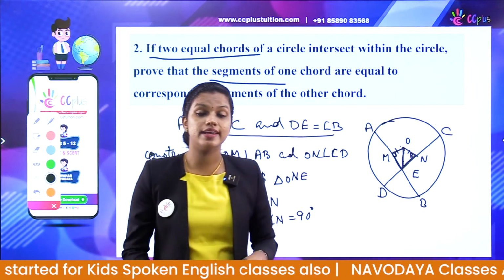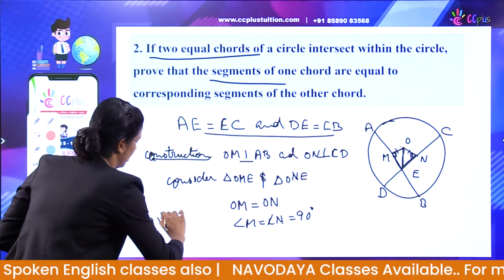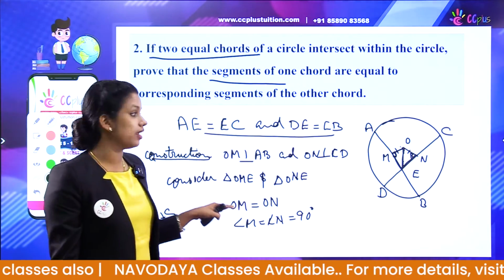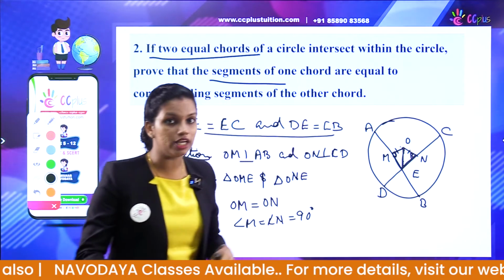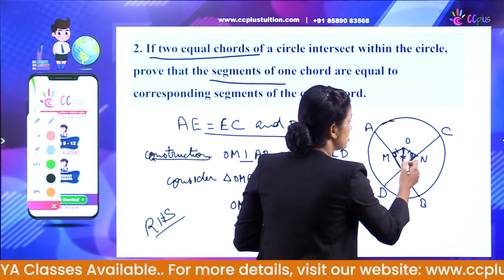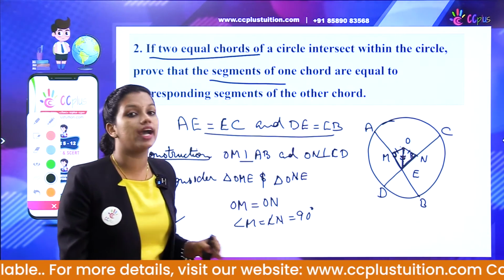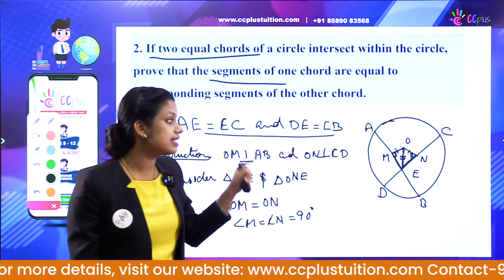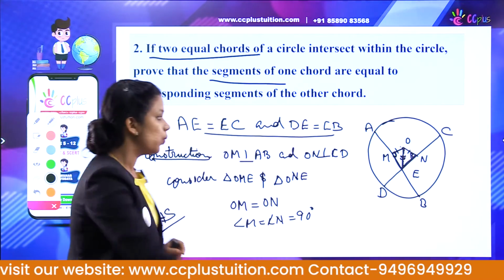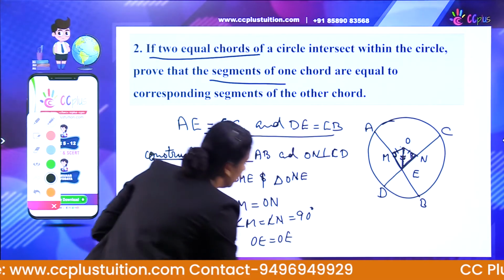So, which criterion are we focusing on? RHS criterion, right? So, we got one side of the two triangles equal. Then, we look at the third side, which is common and is the hypotenuse of both triangles, which means OE is equal to OE.